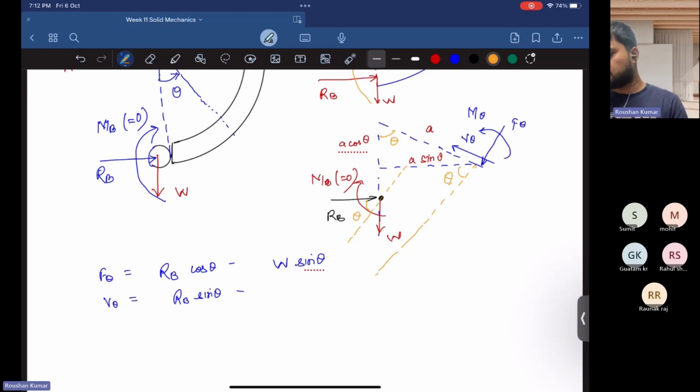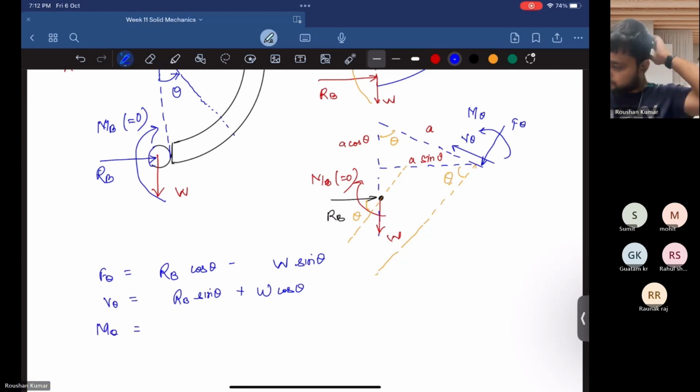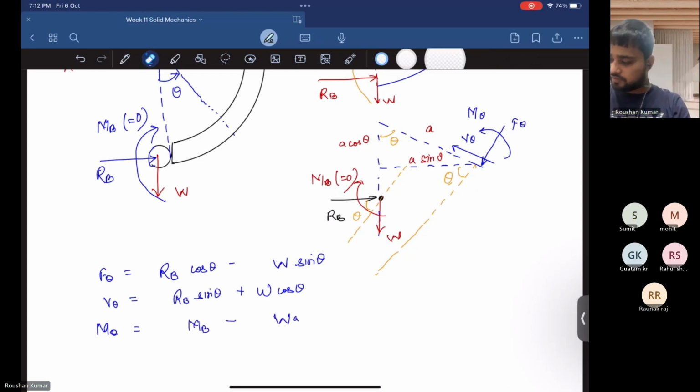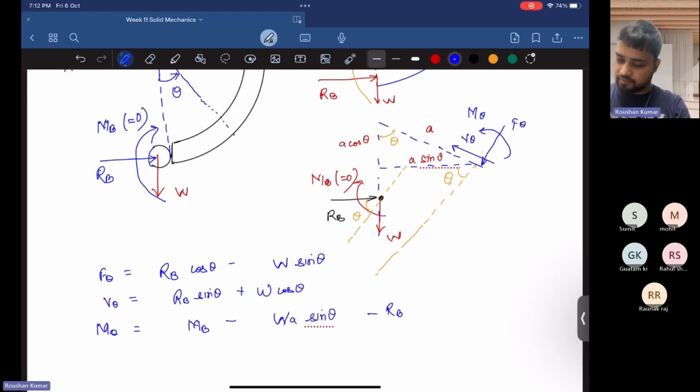I guess I am right. Yes, W cos theta. Similarly, M theta will become MB minus WA sin theta minus RB A into 1 minus cos theta.